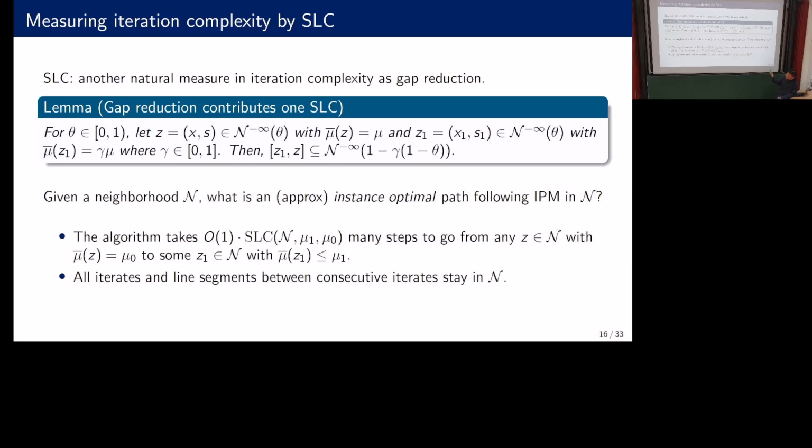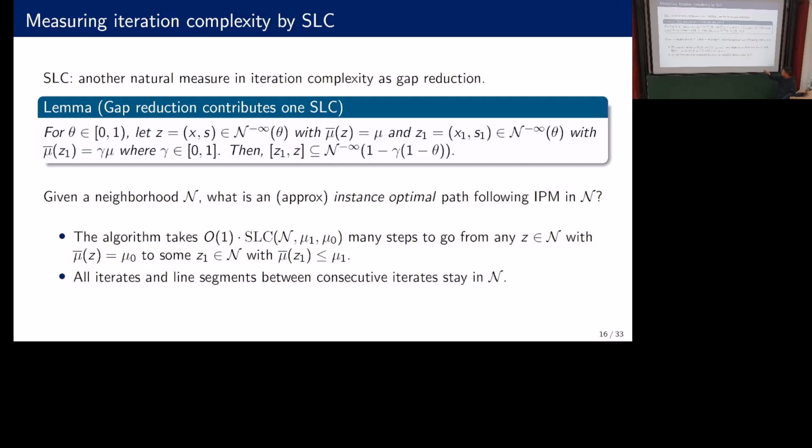Since we are talking about instance optimality, it takes at most order 1 times the straight line complexity in that neighborhood to reduce the gap from mu0 to mu1, because we only allow a constant factor flexibility away from the lower bound of the iteration complexity of any path following IPMs. And since we are talking about a fixed neighborhood N, all the iterates and the line segments connecting them that are generated by the IPM better stay in the same neighborhood N.